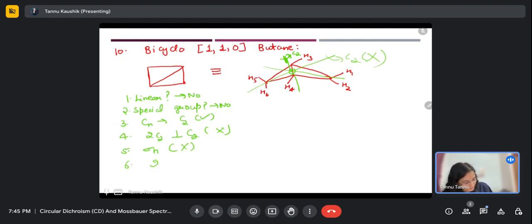We do have two sigma V planes in the molecule, which is one is this sigma V, and then another is the molecular plane of this board. Therefore, we have two sigma V. So this molecule belongs to C2V point group.